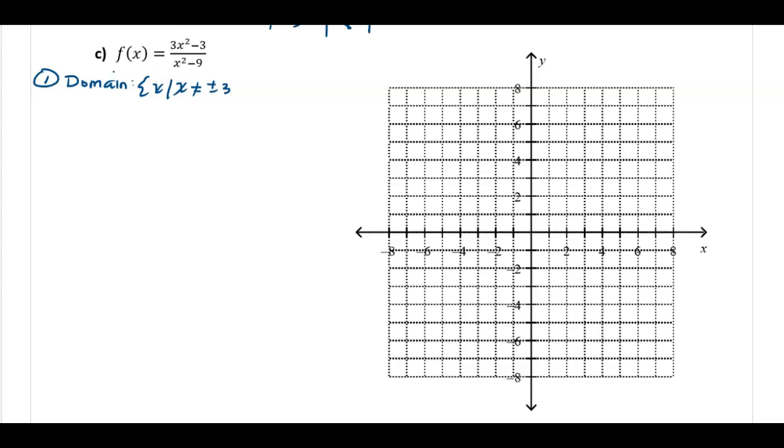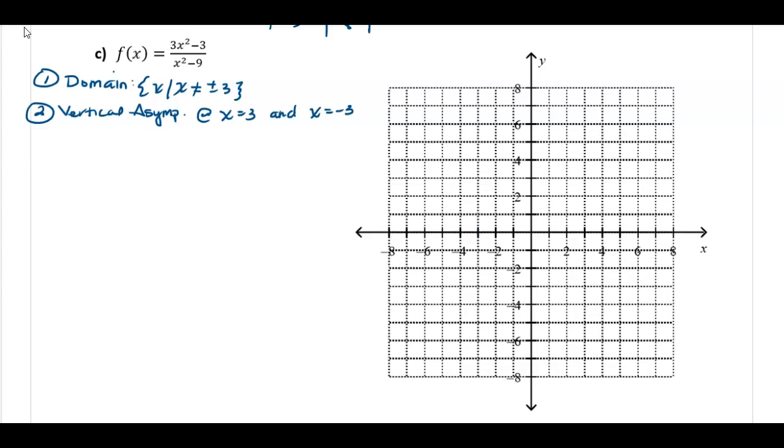And that is because if I put in a positive 3, it'll yield 0. If I also put in negative 3, because it's being squared, it'll yield 0. Other than that, we have all real numbers. So here, we're going to have 2 vertical asymptotes at x equals positive 3 and x equals negative 3.